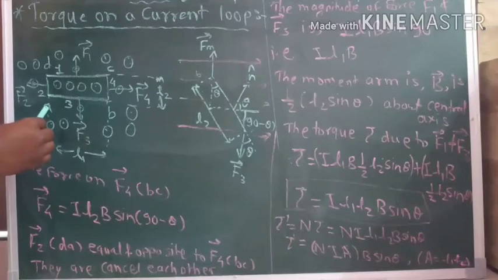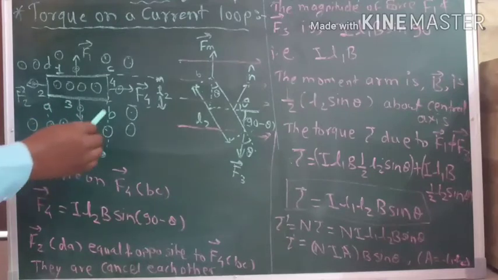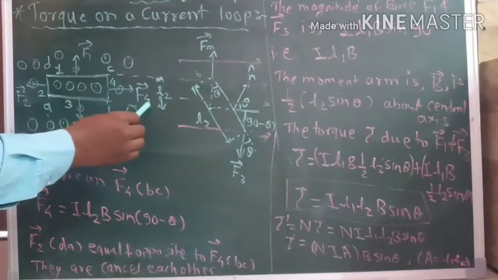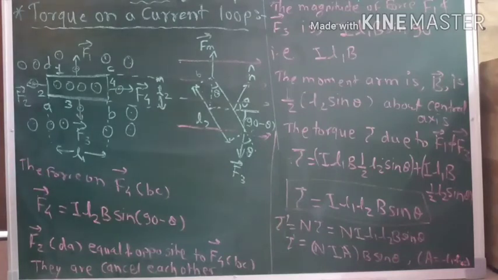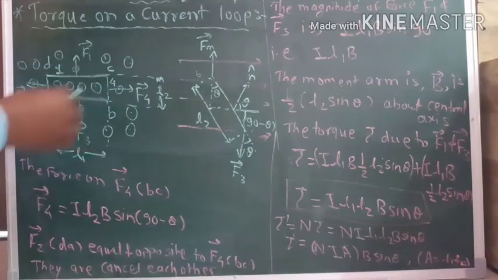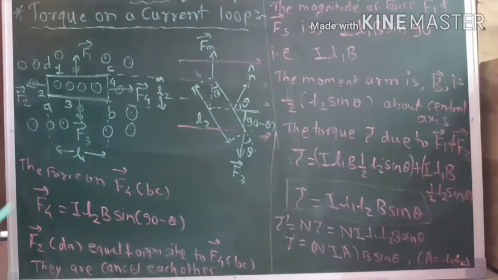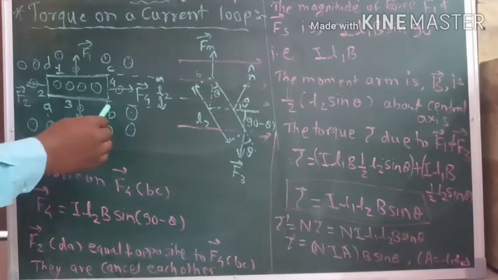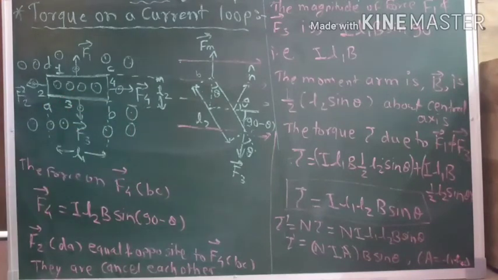Then along AD is F3 and along CB is F4, the magnetic force produced along the fourth side. We consider AB as the L1 side and BC as the L2 side. The rotating rectangular loop has torque produced.